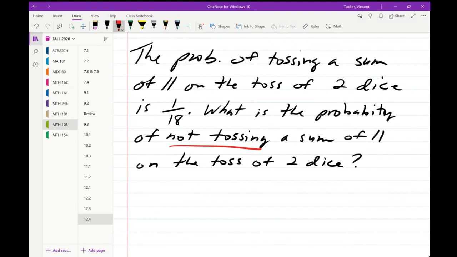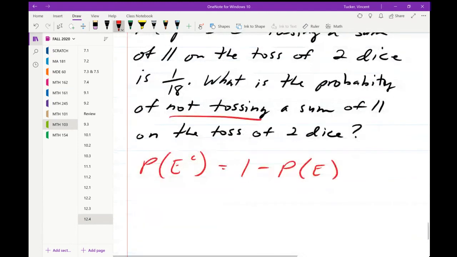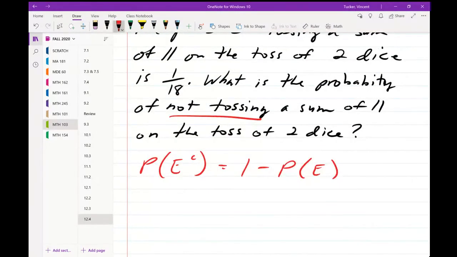So that's the complement. So you want to know what's the probability of the complement? That's going to be 1 minus the probability of the event that we have. Our event is 1 out of 18. They gave it to us.